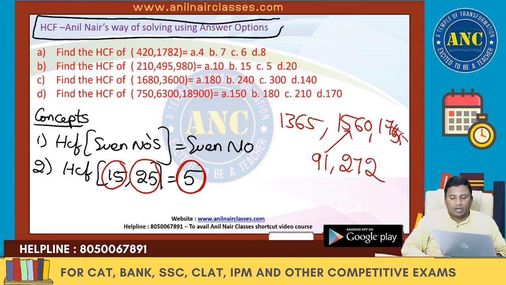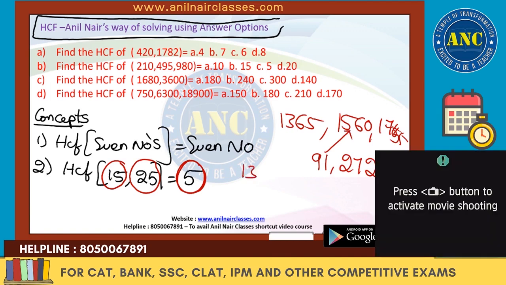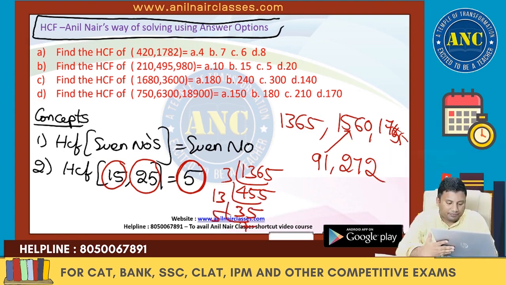Now why I did not consider 91, first I will tell that. Any doubt is good, we should discuss it. 1365: 3 455s are 1365. 13 3s are 39, 65, 5 7s are 35. So 1365 is 3 into 13 into 5 into 7.